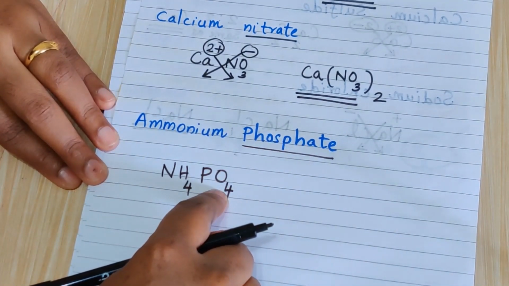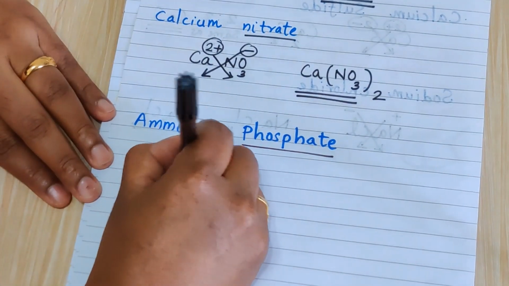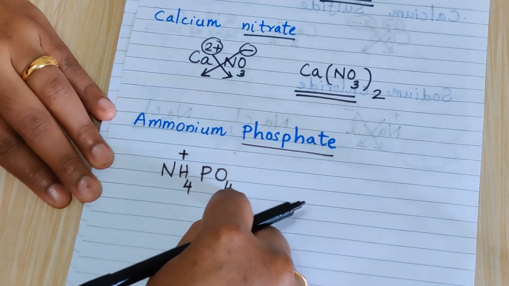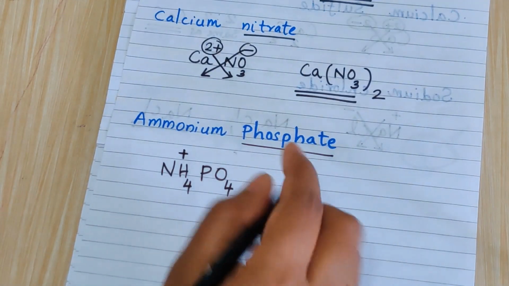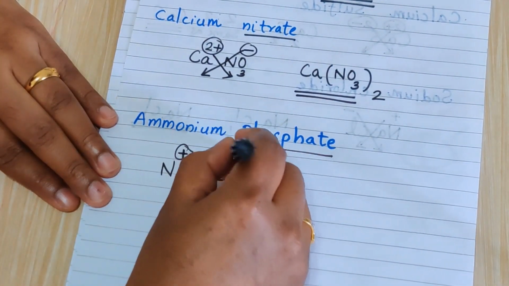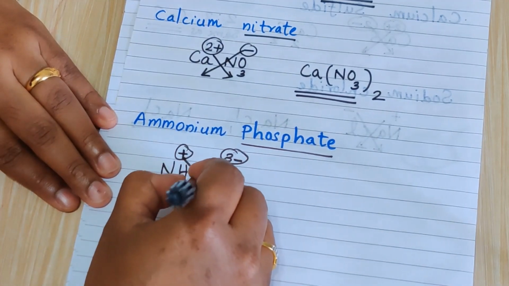Second step we have to write down the charges above the symbols. Ammonium is +1, so we have to write only plus. PO4, phosphate, is -3, so it is 3 minus. So what is the last step? You just cross the valencies as subscripts like this.